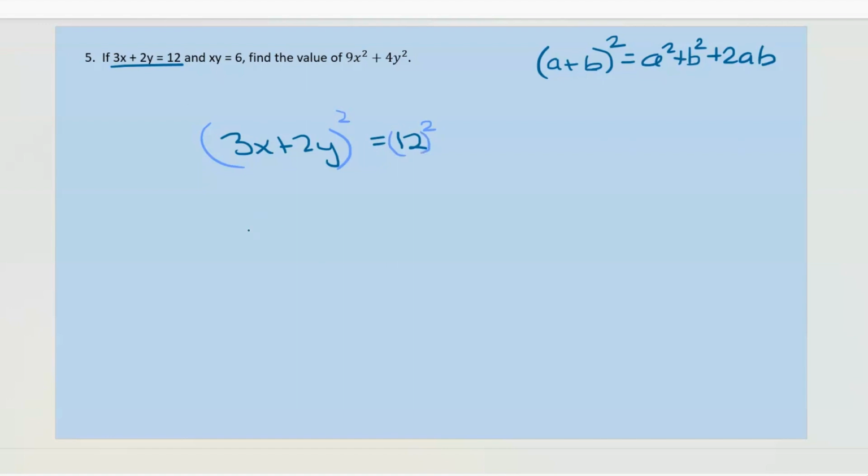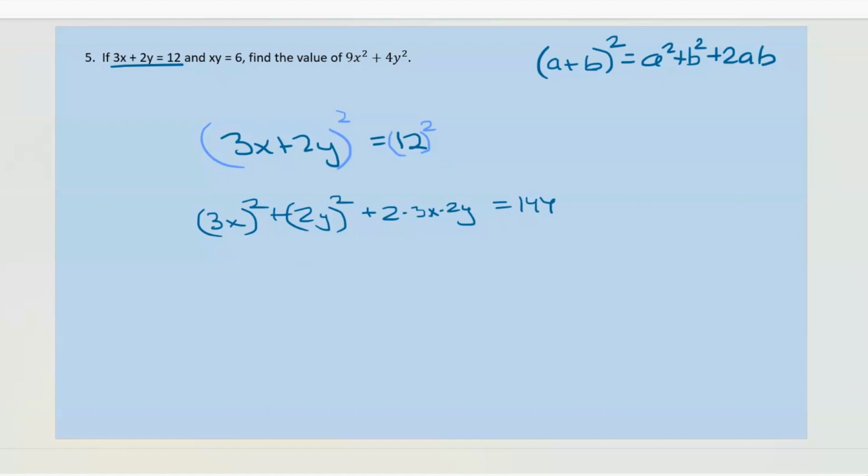To get (3x) whole square plus (2y) whole square plus 2 times 3x times 2y equals, and then 12 squared is 144.